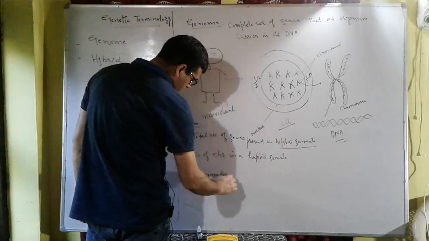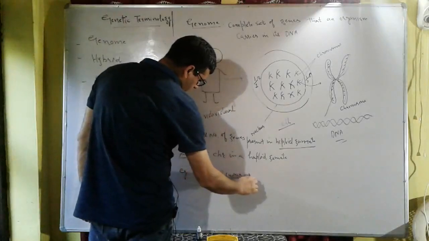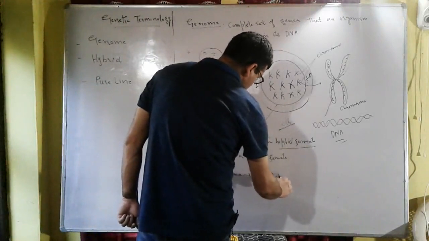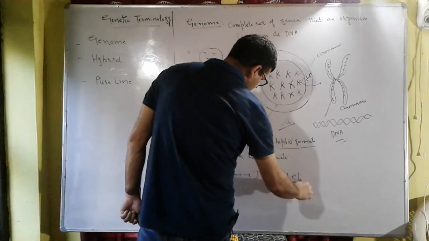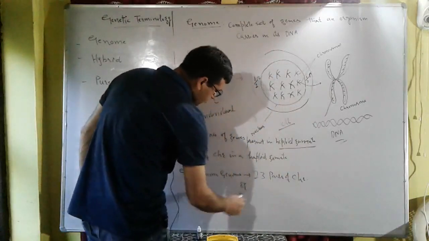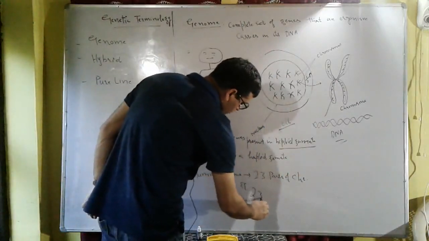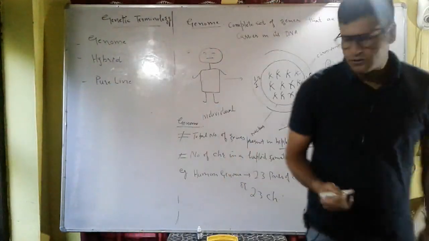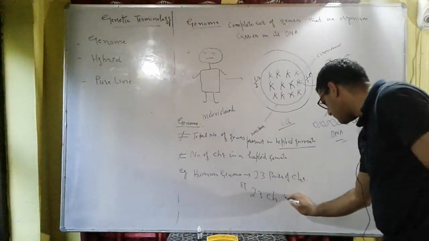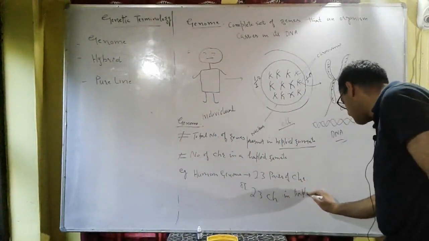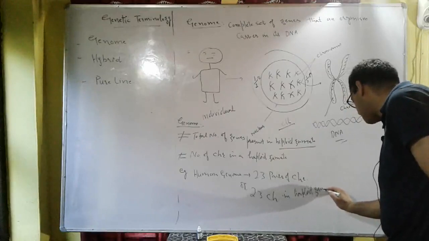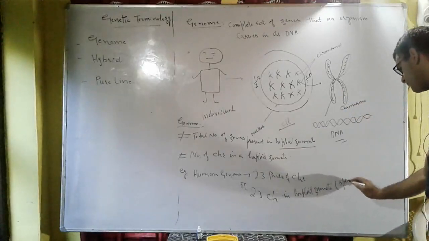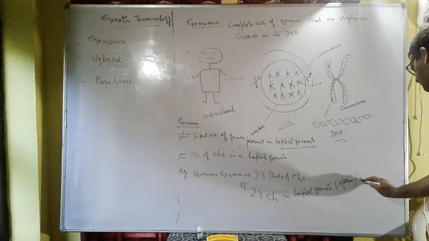Human genome, we can say that there are 23 pairs of chromosomes, or we can say that there are 23 chromosomes in haploid gamete. That is, it can be sperm or egg.